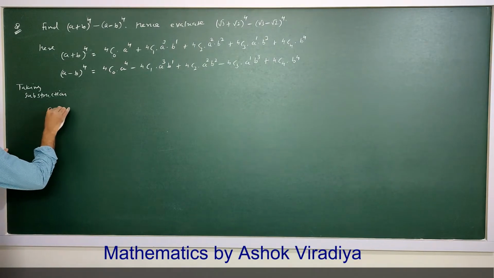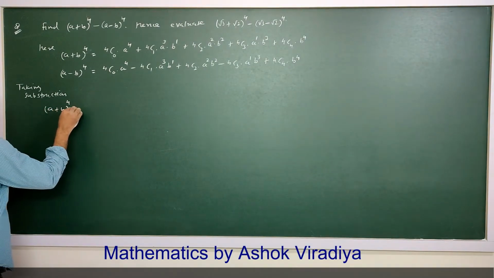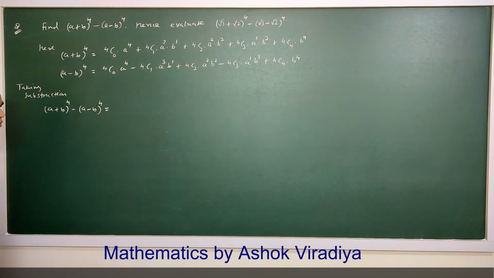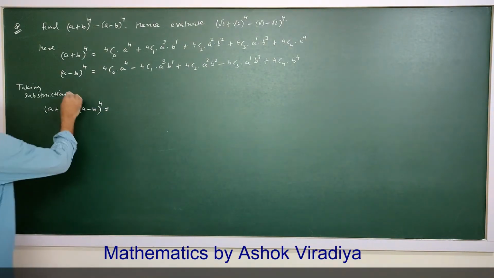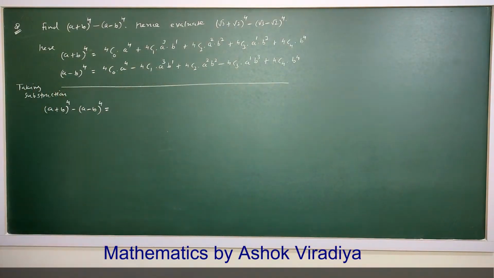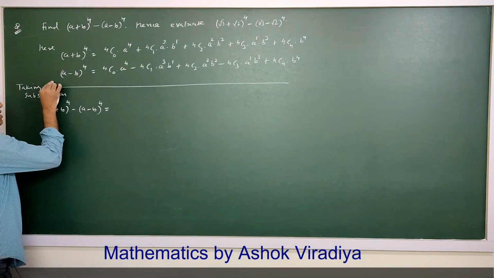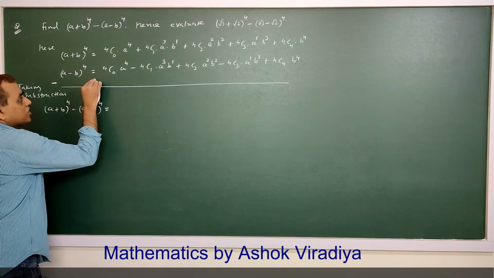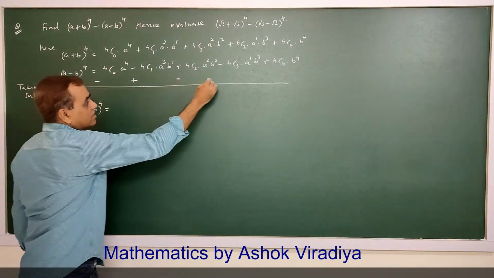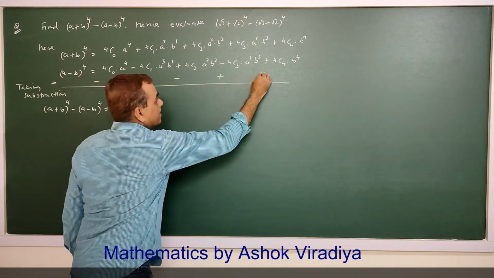(a plus b) raised to 4 minus (a minus b) raised to 4 equals, if you take the subtraction, then we keep a minus sign here. The signs will be changed: minus plus minus plus minus.